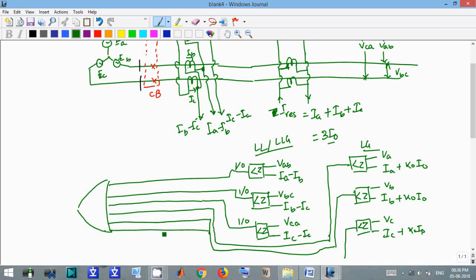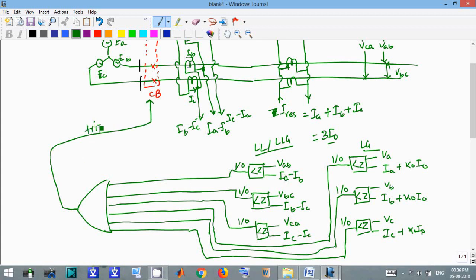If any of these gives the positive 1, it means there is a fault in that particular phase, or between the phases, this OR gate will energize and it will give the trip signal to the circuit breaker.